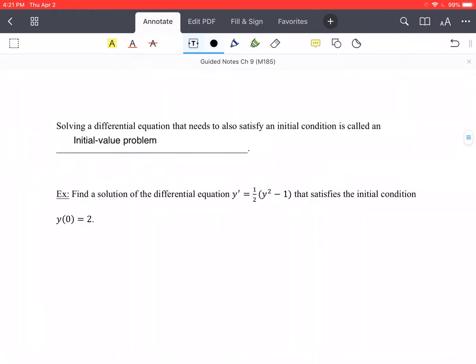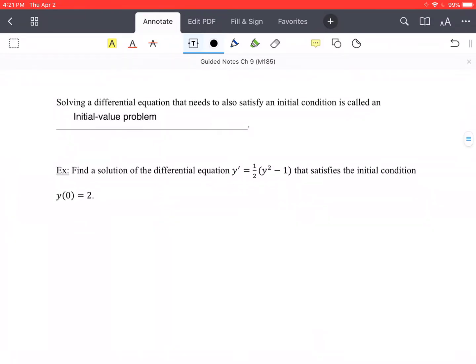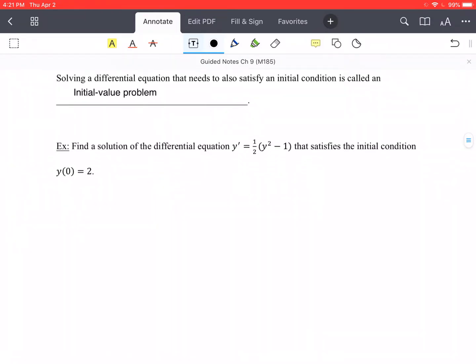So along the same lines as our previous example, find a solution of the differential equation y prime equals 1/2 (y squared minus 1) that satisfies the initial condition y of 0 equals 2. So in this case, we're going to substitute. So the t value is 0 and the y value is 2.